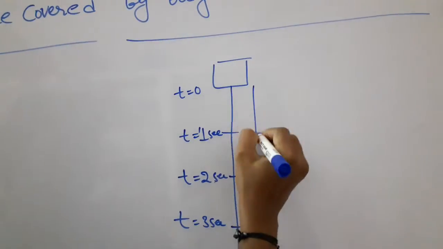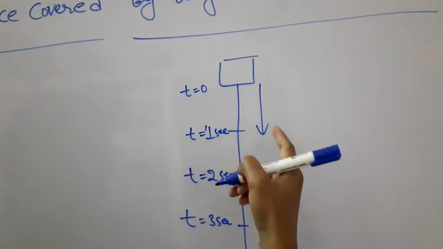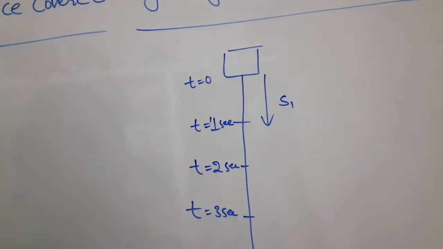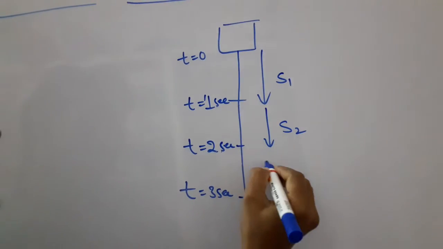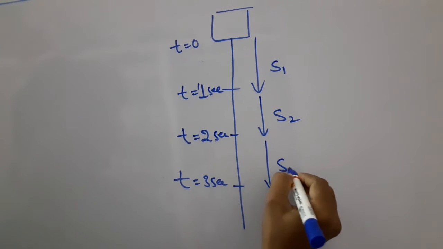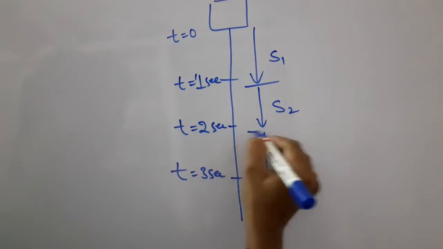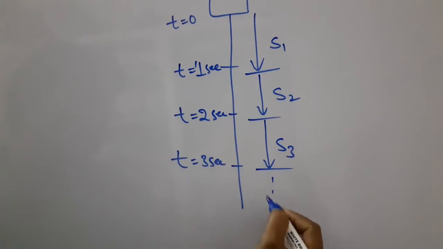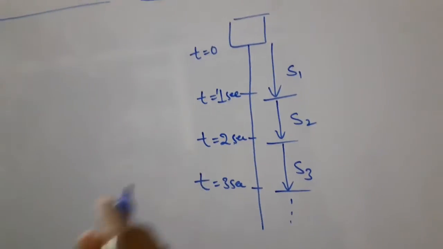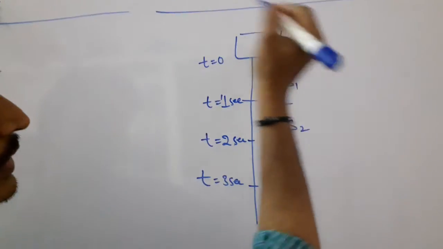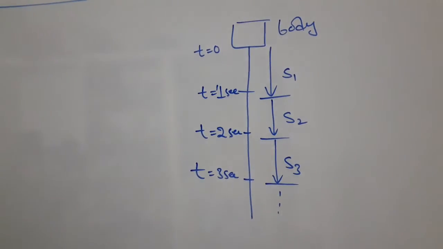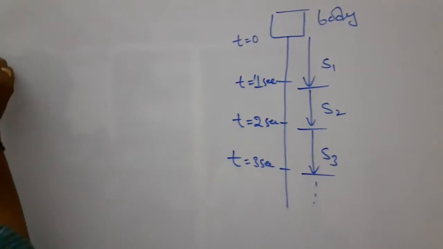So distance covered ratio: 0 to 1 second distance covered is S1, and 1 to 2 seconds distance covered is S2, S3, and so on. Like this way, distance covered by the body in successive intervals.